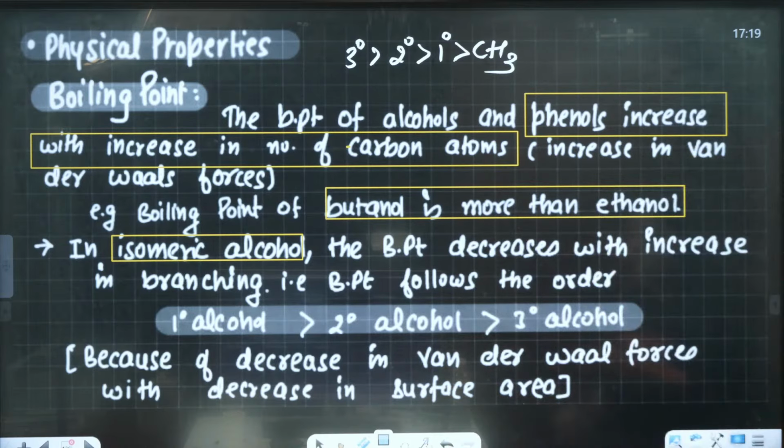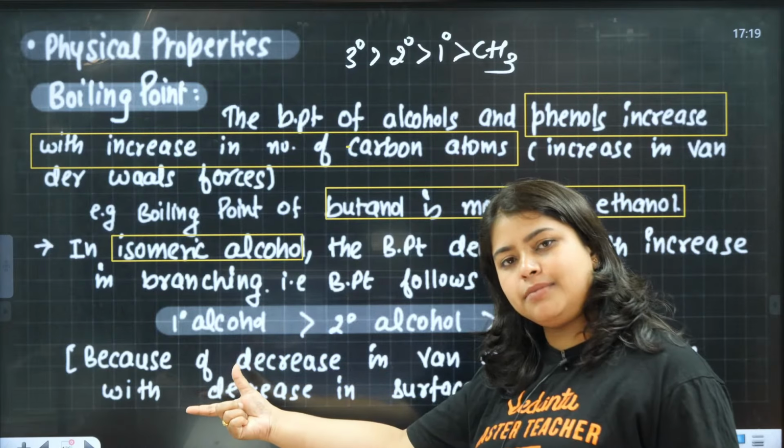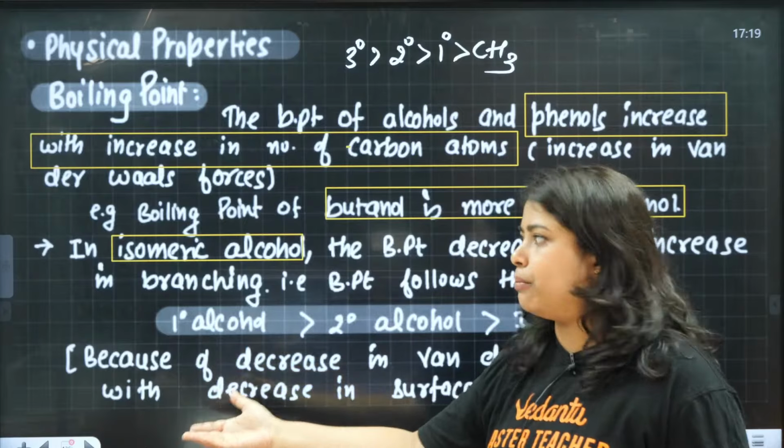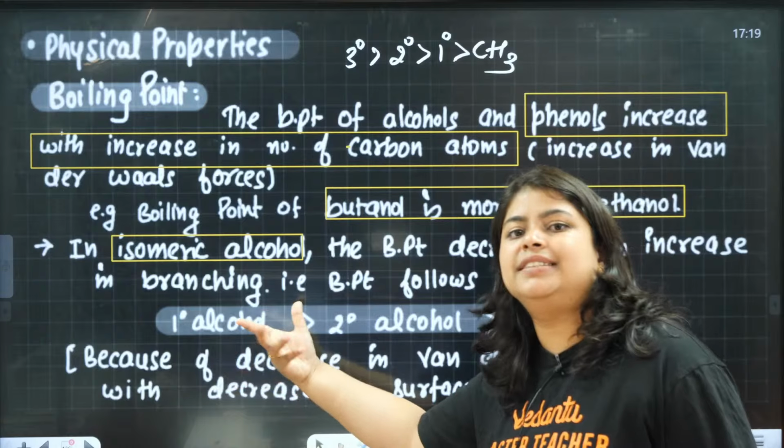Clear? Because of that, if fewer carbon atoms are present, the isomeric boiling point will be more. If carbon is less, the boiling point is more.